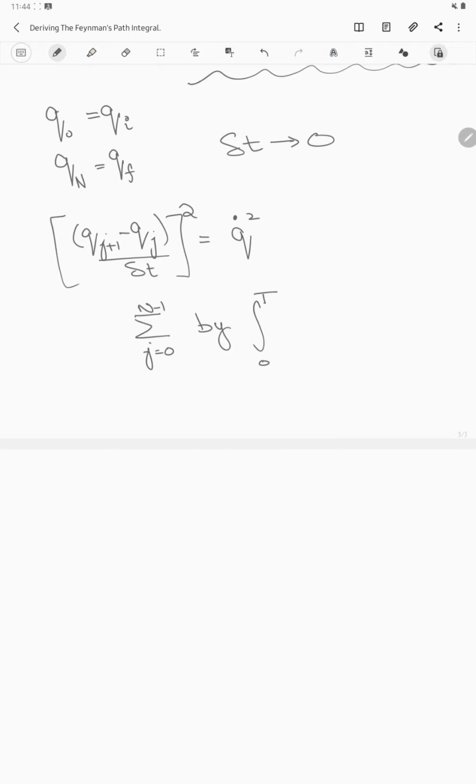Now with this, we can finally define the integral over all the paths as simply equal to the integral of capital Dq(t), where capital Dq(t) is, let me write this down, the limit where I take n to infinity, including all of the possible paths, or rather all the segments.